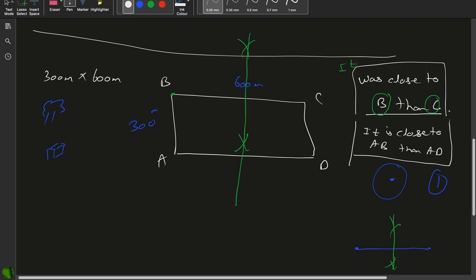Now which case do you think it is? Closer to AB than AD. The third one, two lines. So if it is closer to AB than AD, it is AB and AD.